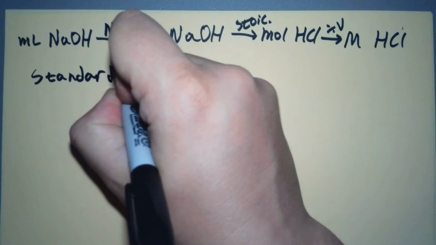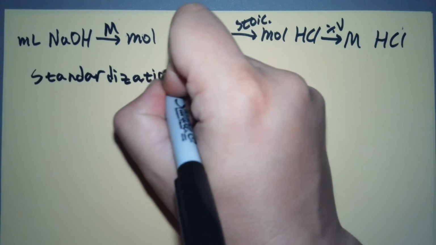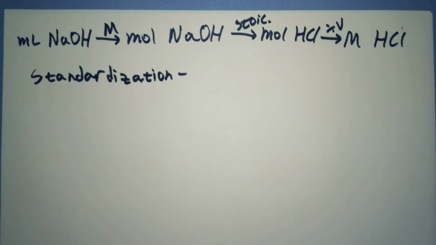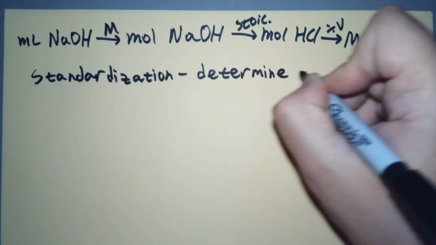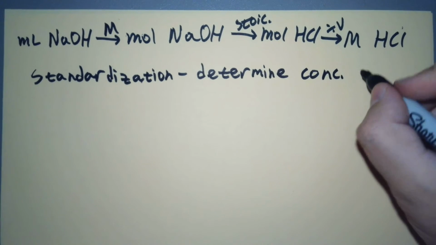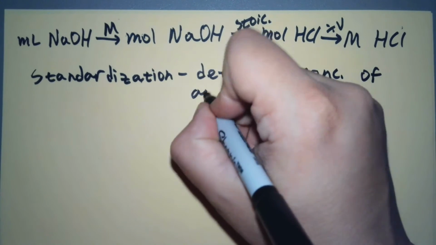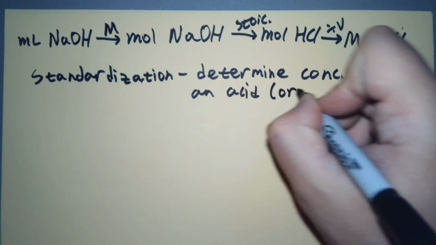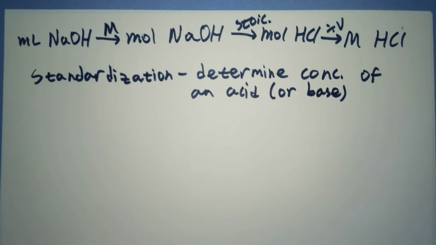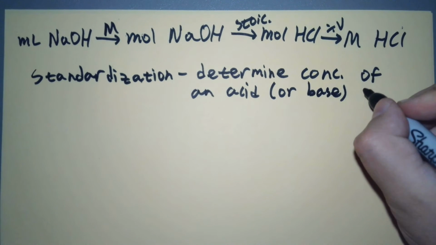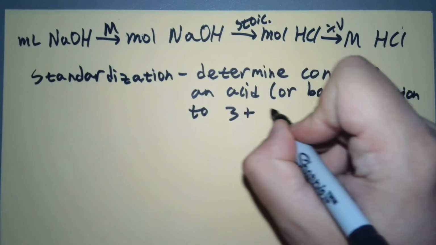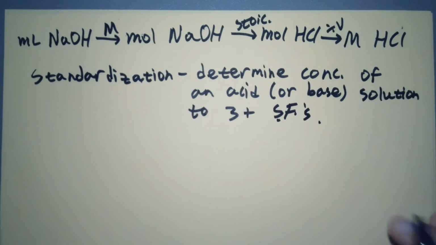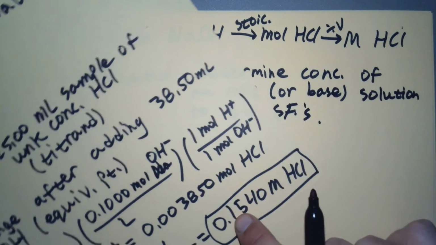We standardized the HCl solution, because this means that we determine the concentration of an acid or base solution to 3+ significant figures. And we determined ours to 4: 1, 2, 3, 4. So we standardized this HCl.